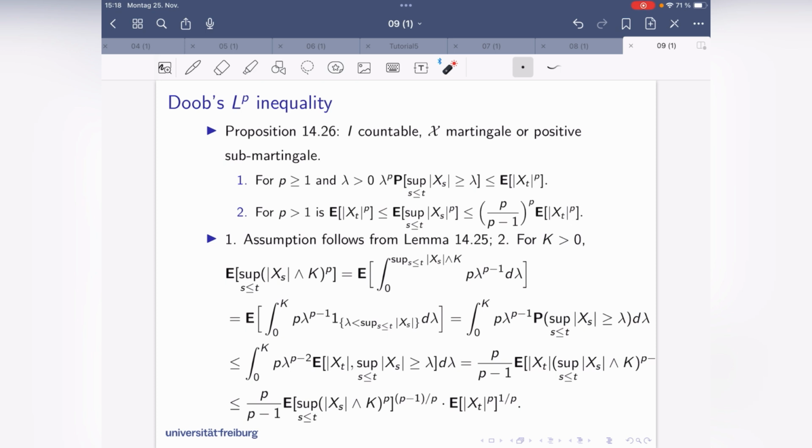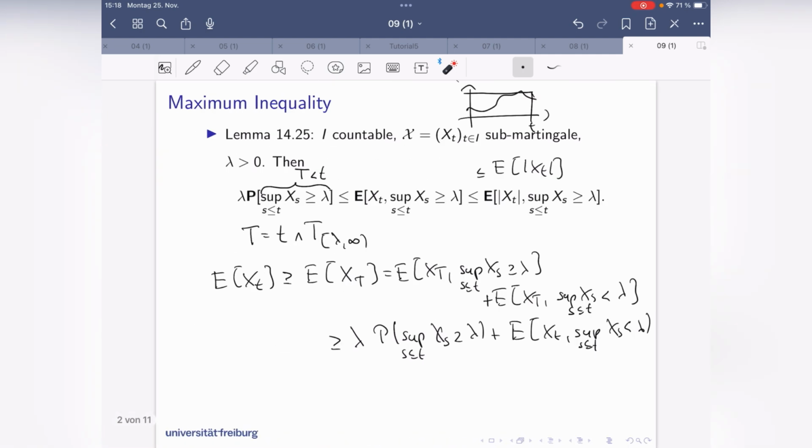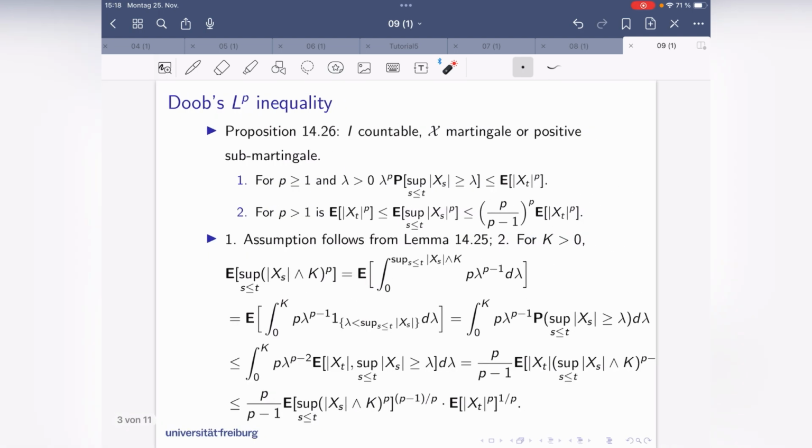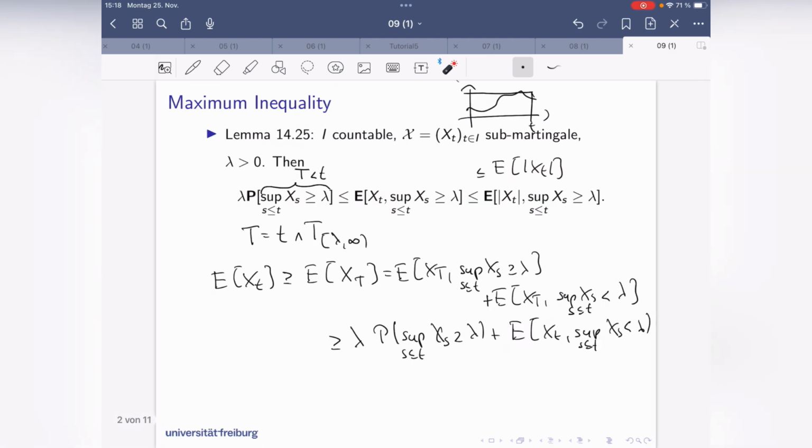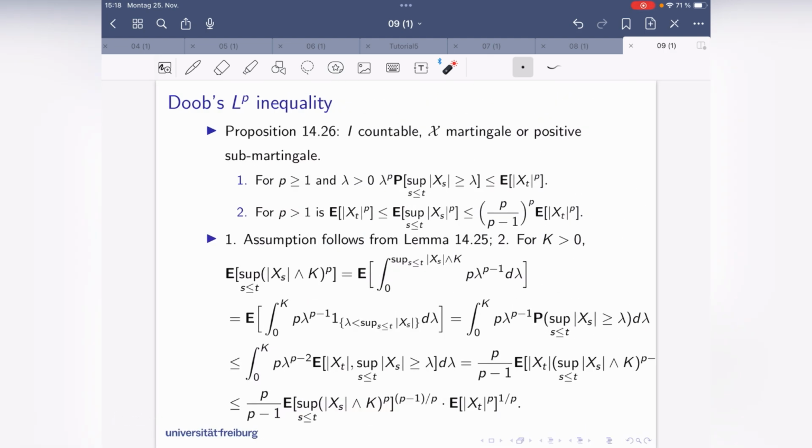So lambda times this, as we had here, is less than or equal to this. Using this, I get lambda to the power p minus 2. And I just write what was written here. Okay, that's easy.